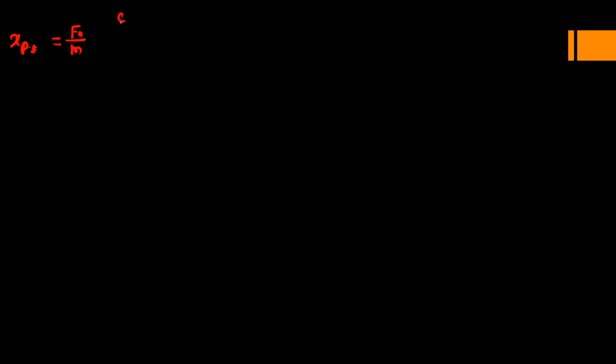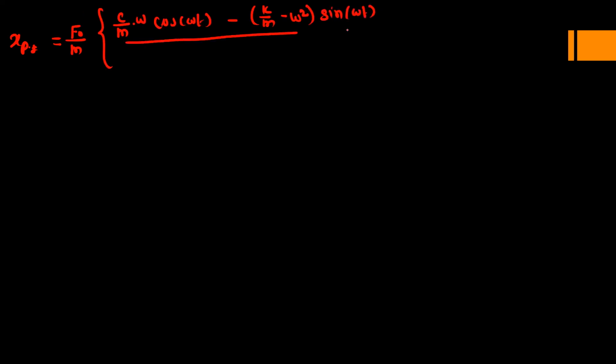So we will get the term C upon M into omega cos omega t minus K upon M minus omega square sine omega t, and this is minus C square omega square upon M square minus K upon M minus omega square bracket square.